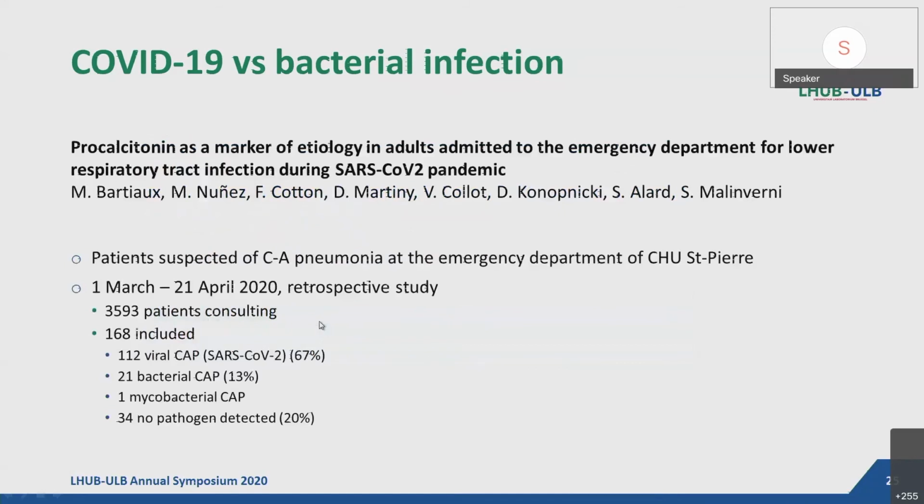So we performed at CHU Saint-Pierre a study, actually my colleague from the emergency department performed that study, and we did cooperate with the clinical chemistry lab and the microbiology lab. And so all patients consulting the department during March and April were included.